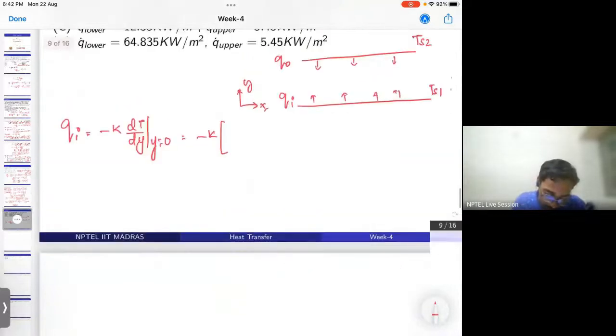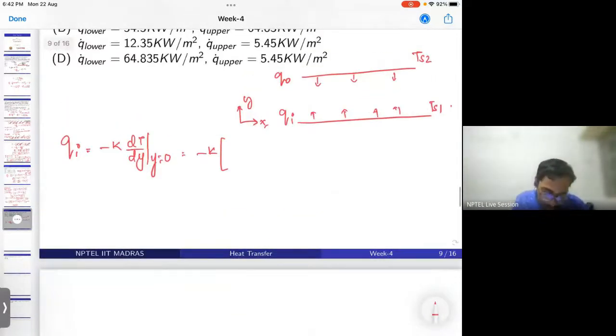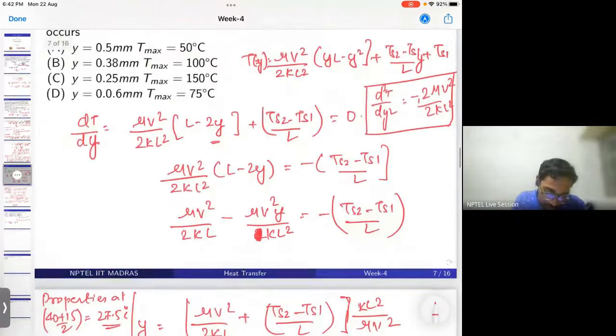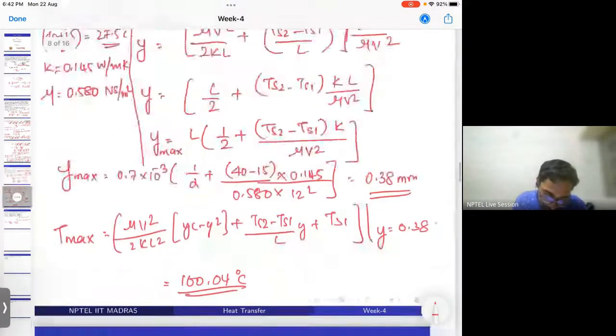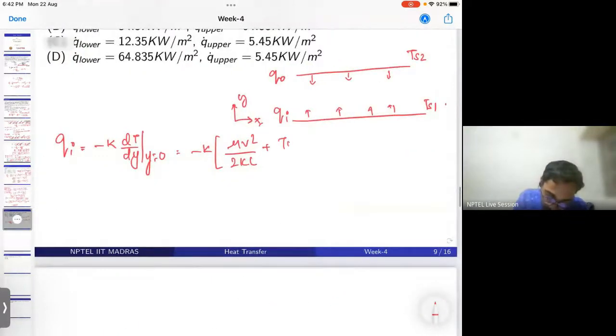So it becomes mu v square divided by 2kL plus (Ts2 minus Ts1) by L. If you substitute these values, which I am not doing here, you will get it as around 64835.71 watts per meter square.